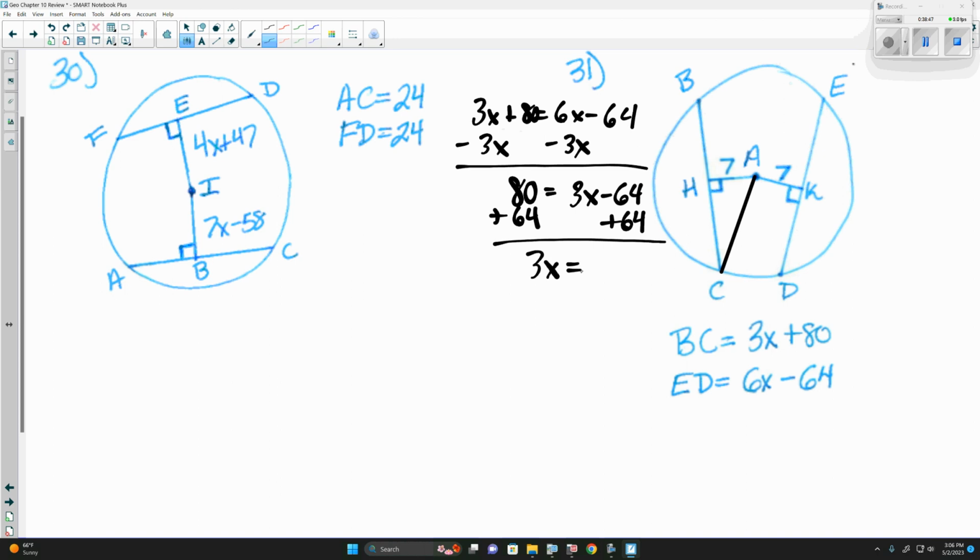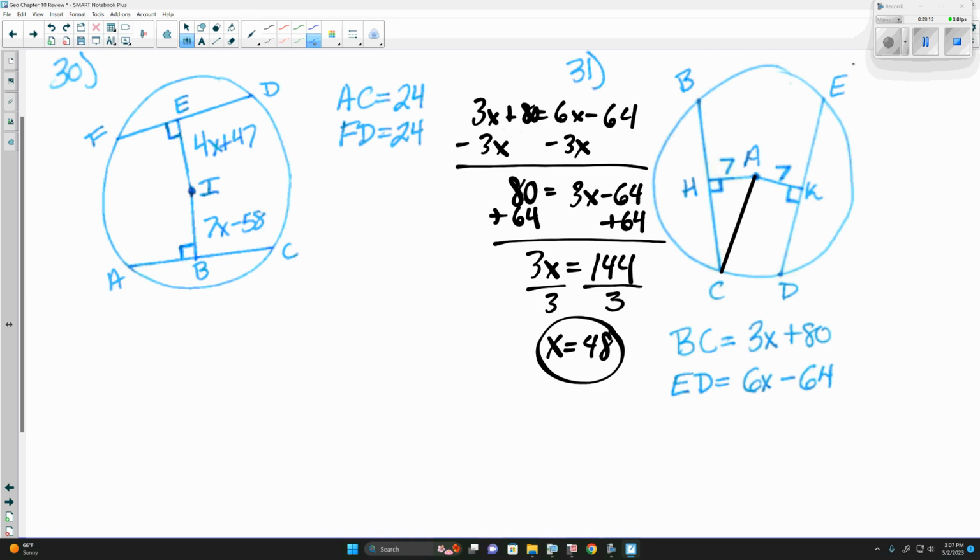Minus 3x is equal to 144. At this point here, we would divide both sides by 3, telling us x is equal to 48. Any questions on how we found the value of x?